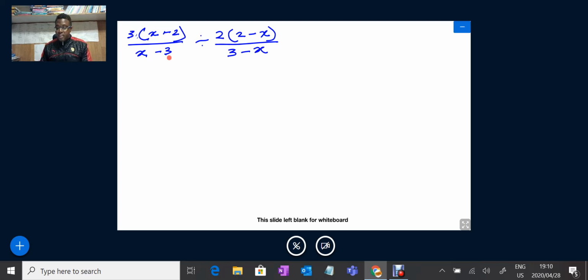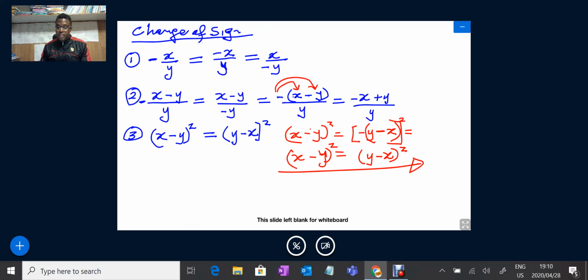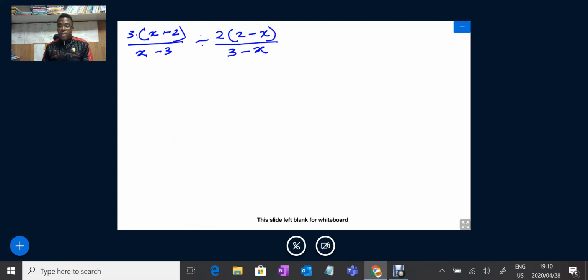And how do you turn this around? I said you will need to learn these 3 rules in order for you to be able to turn things around to favor a particular situation. So here I will keep this 3 into x minus 2 as it is, over x minus 3. I like it, I'll keep it like this.